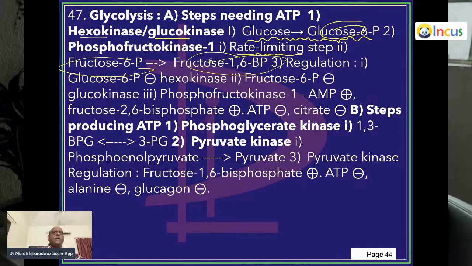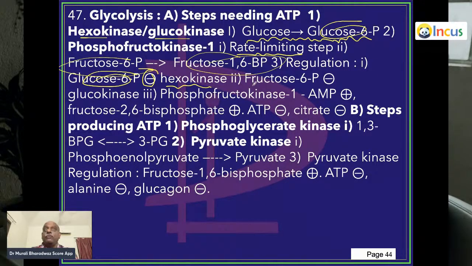Always the end product of a reaction controls and has a negative feedback effect on the enzyme. You know that very well. So whenever we have too much glucose 6-phosphate, it has a negative effect on hexokinase, because hexokinase converts glucose to glucose 6-phosphate. Glucose 6-phosphate is the end product. That's the reason glucose 6-phosphate has got a negative effect on hexokinase.